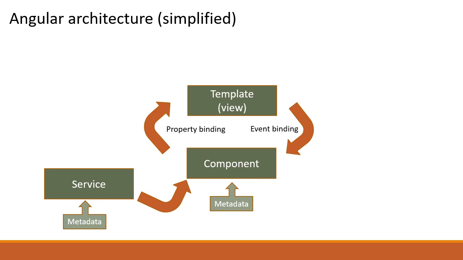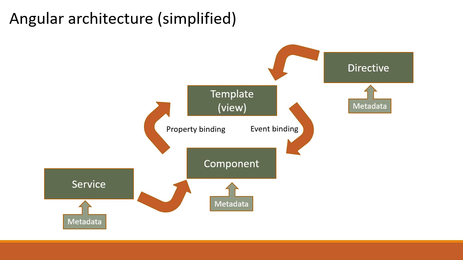The last part in this simplified overview of the Angular architecture are directives. Directives are used in a template, and we can use them to add programming constructs to our template. Let's say in my template I want to create HTML code that will show a table when there is data and doesn't show a table when there isn't any data.